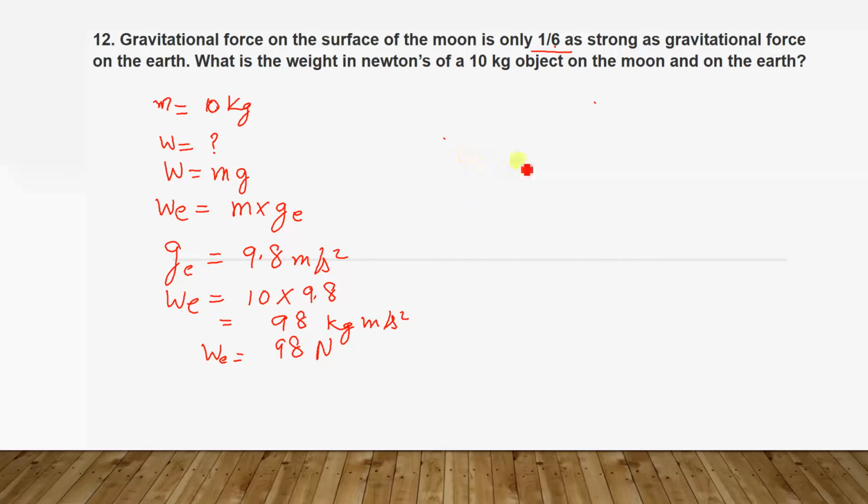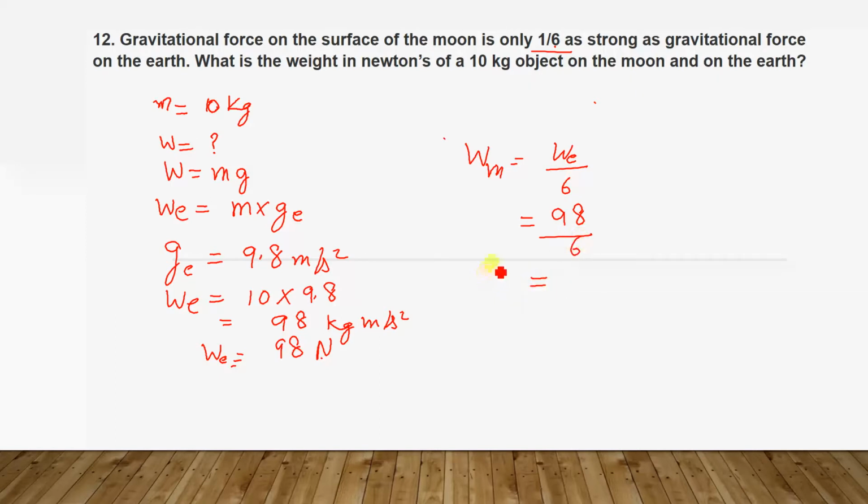Now for the moon, as we know that on the moon the weight becomes 1/6 of that on the earth, as per the gravitational force. So weight on the moon will be equal to weight on earth upon 6. It is 1/6. We have calculated the weight on earth as 98, so we will fill in 98 and divide by 6.